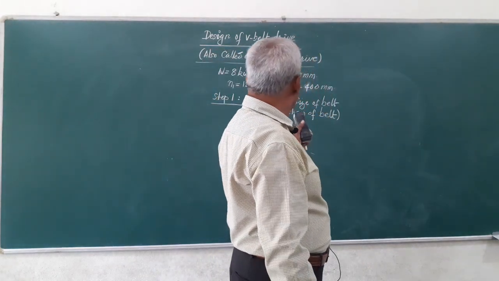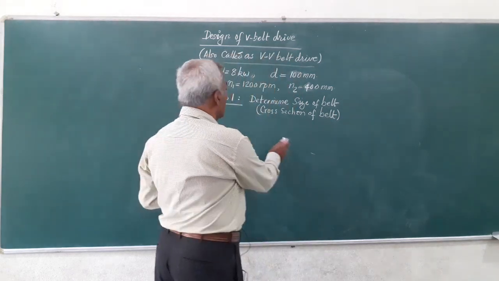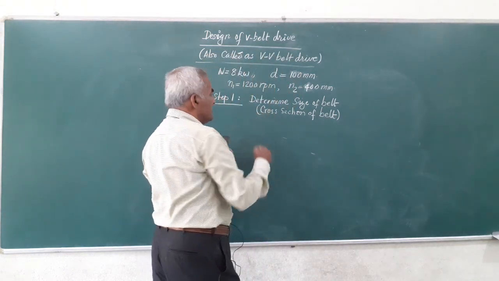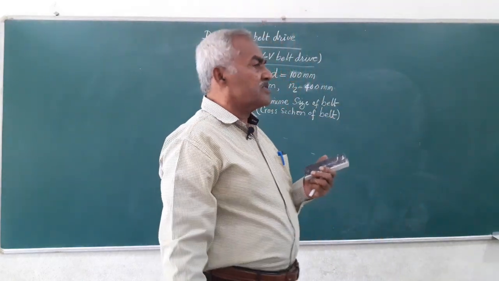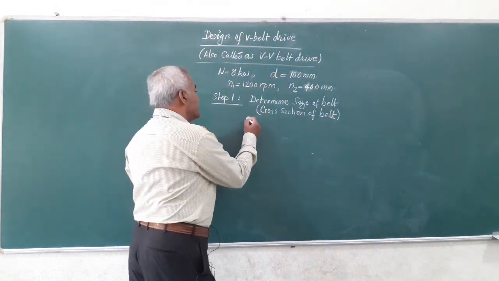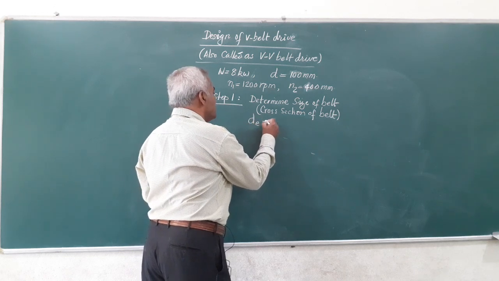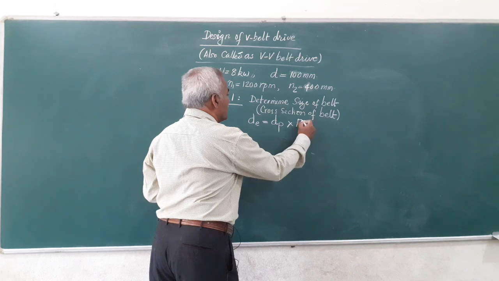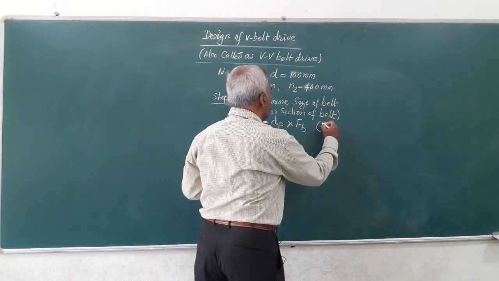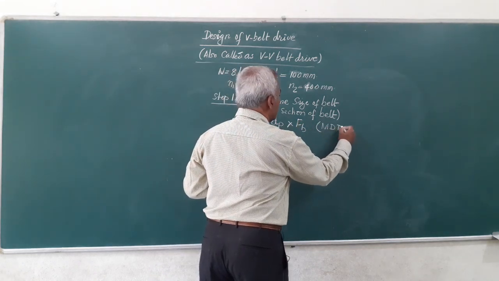So friends, in the first step, let us see how to find out the size of the belt. The size of the belt depends on the equivalent pitch diameter given by DE equal to DP into FB. This is given in the machine design data handbook.